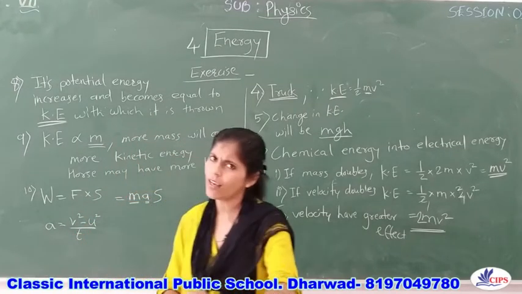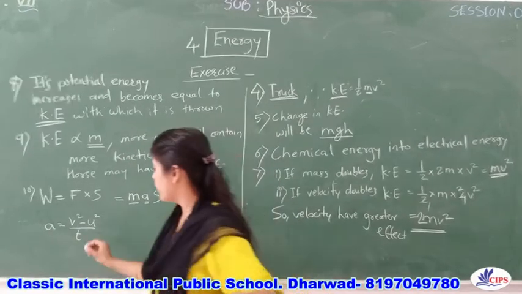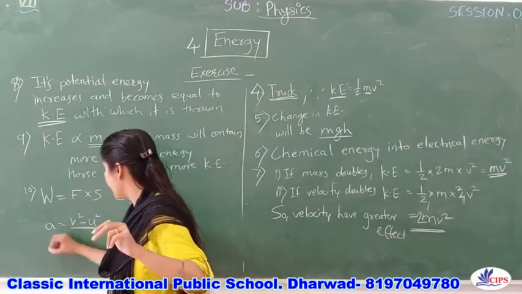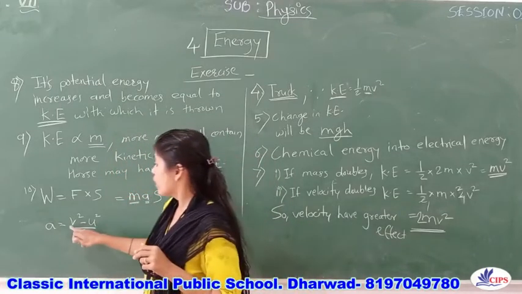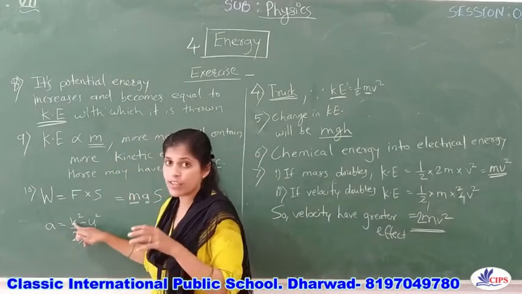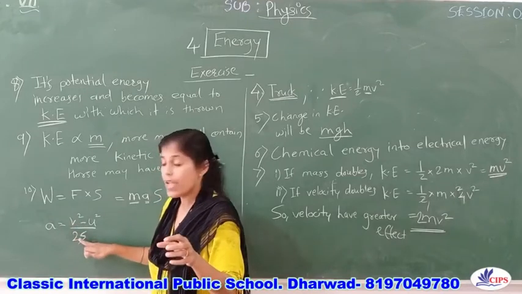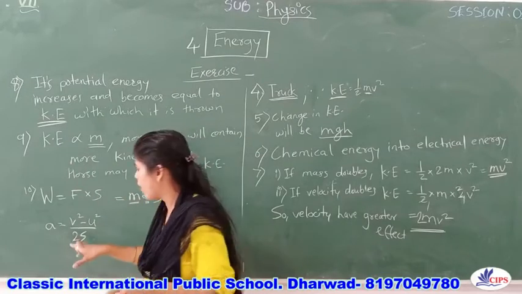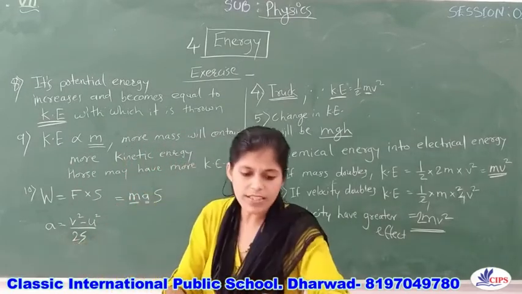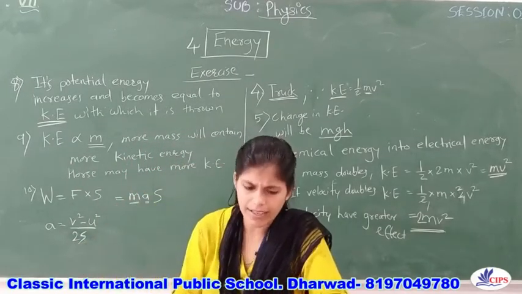This is the formula for acceleration, right? Sorry, it is time; instead of that we will write 2s. Initial velocity and final both will contain their own time, so I have written 2s. Okay, so this is the formula for your acceleration.